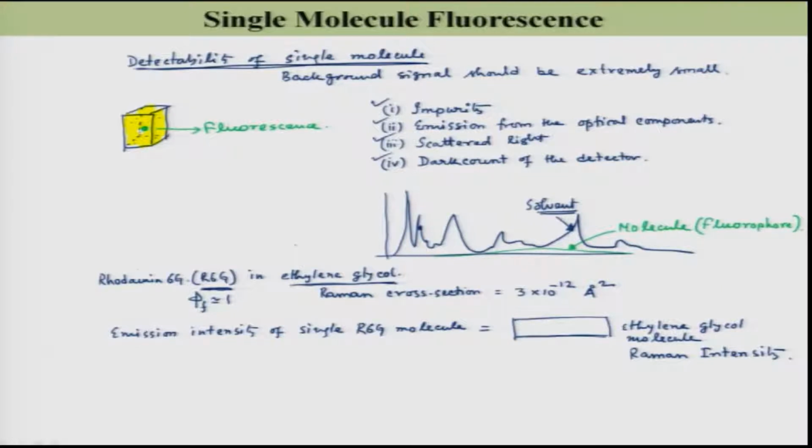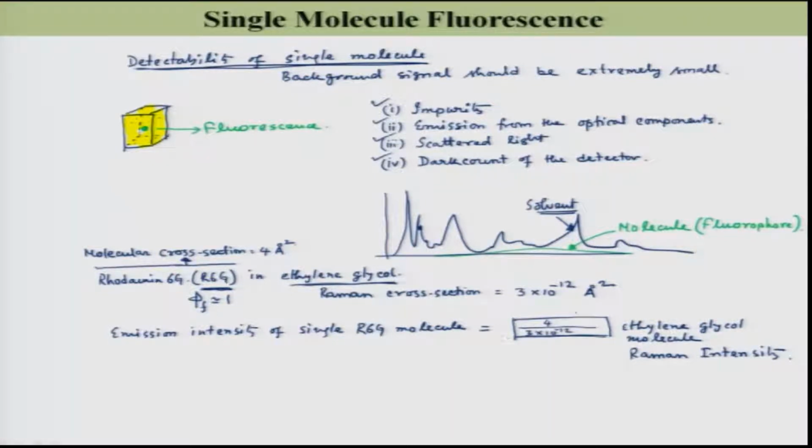So, if the rhodamine 6G molecular cross section is, let us say, 4 angstrom square, it means that the emission intensity of a single rhodamine 6G should be equal to 4 divided by 3 into 10 to the power minus 12.